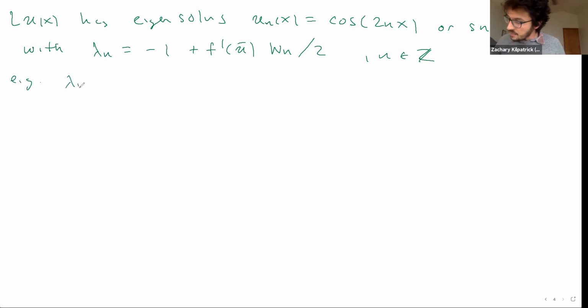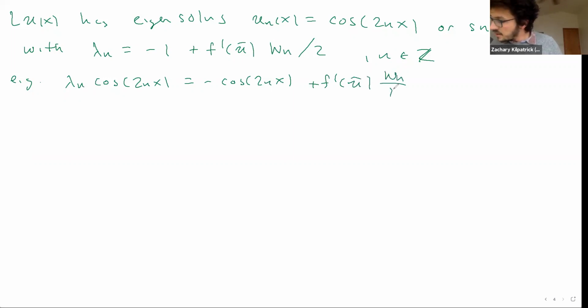And we can show that by plugging this in: I get cosine 2nx is equal to minus cosine 2nx plus f prime u bar wn over pi, the integral from 0 to pi of cosine squared 2ny dy, times cosine 2nx.